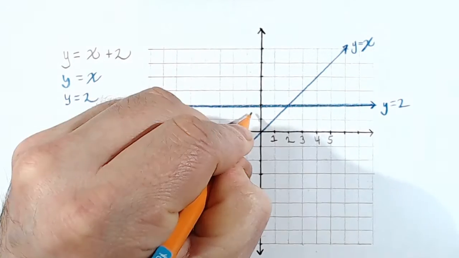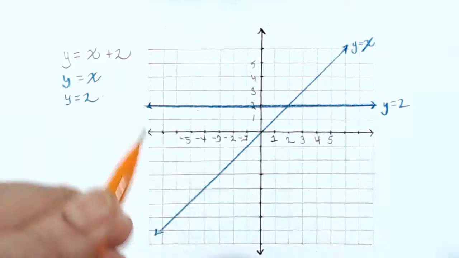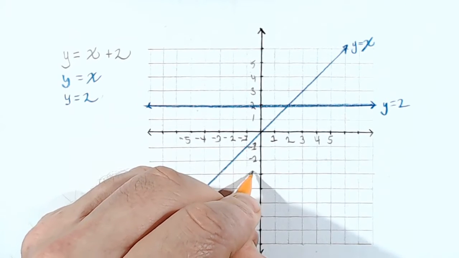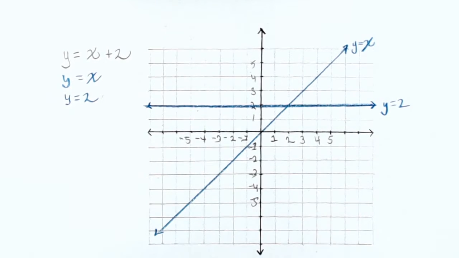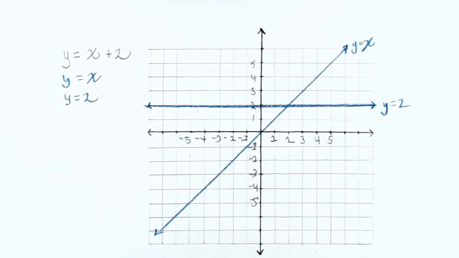And let's put in our y values: 1, 2, 3, 4, 5, and -1, -2, -3, -4, -5. And we also have the origin point 0, 0.